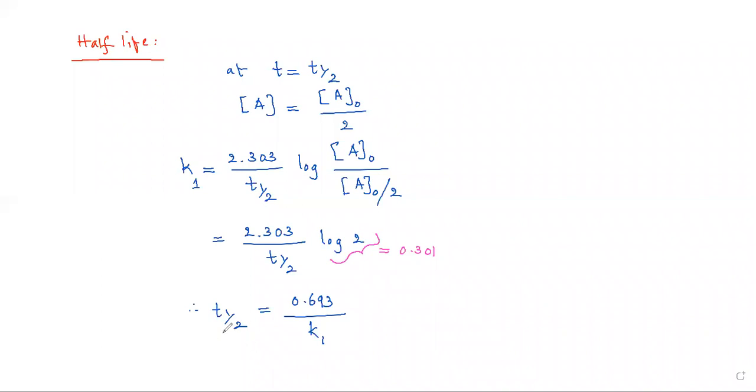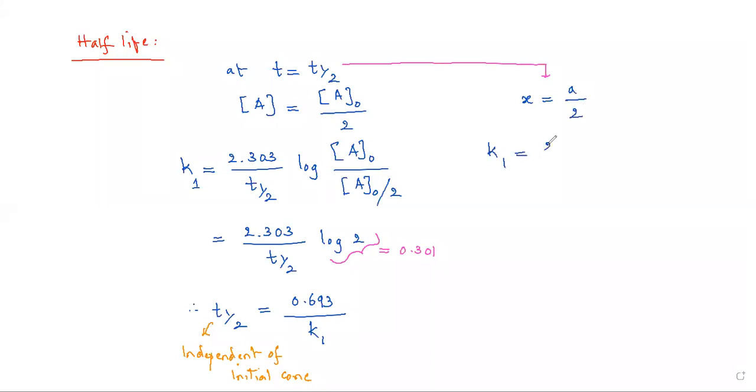In this case, let me say that this T half is independent of initial concentration, right? Now, the same thing if you want in some other terms, see at T is equal to T half, it can be given as reacted is equal to taken by 2.